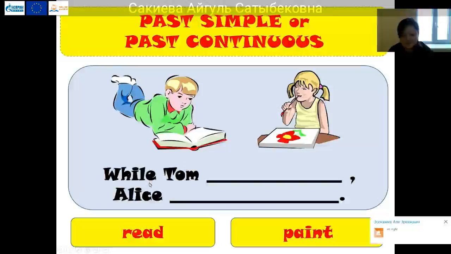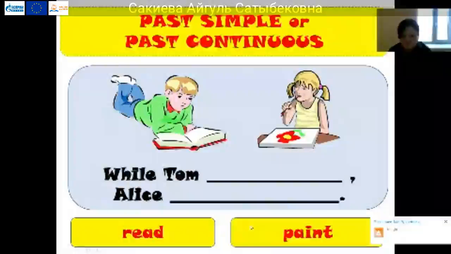Next sentence. While Tom and Alice. While Tom was reading, Alice. What was Alice doing? Was reading. So were these actions simultaneous? Yes. Were they happening at the same time? Right.